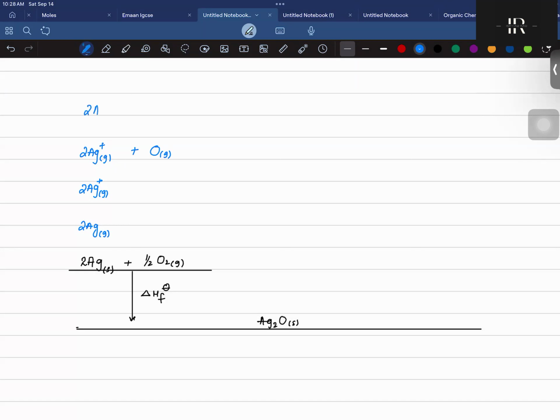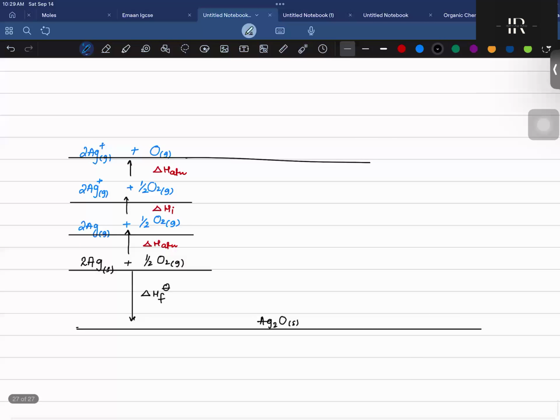And then, oh my God, no. Then this is atomization, ionization, atomization.